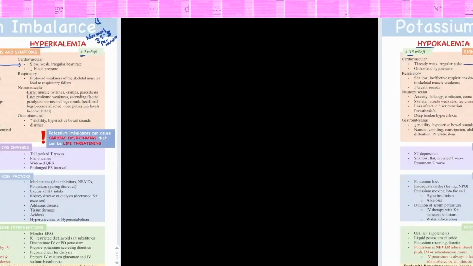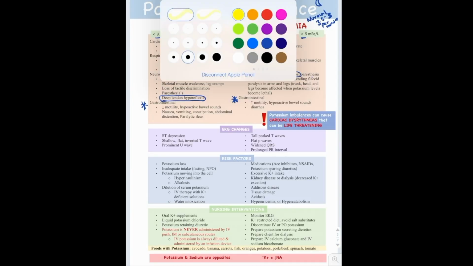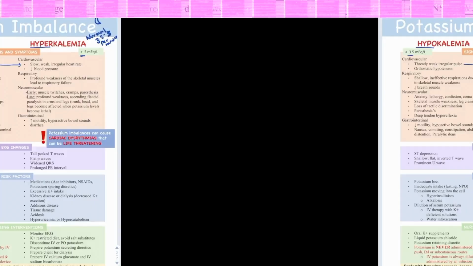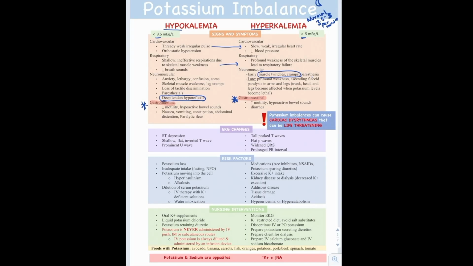We want to memorize those gastrointestinal signs for hypo versus hyper. The thing that makes this nice is that with hyper, everything is increasing: increased motility, hyperactive bowel sounds, and diarrhea. Things are moving. With hypokalemia, things are slowing down: the hypoactive, the nausea, the paralytic ileus. Things are slowing down on this side and speeding up over here.